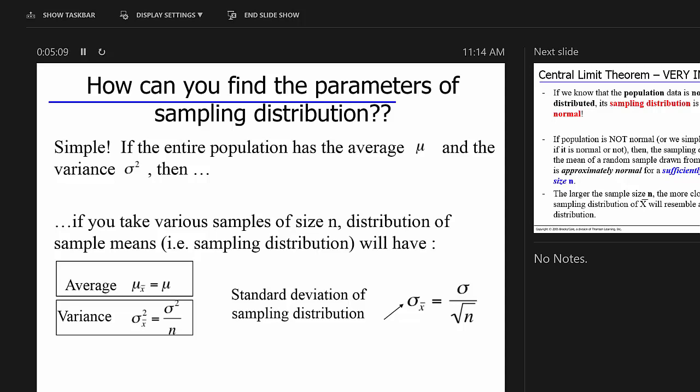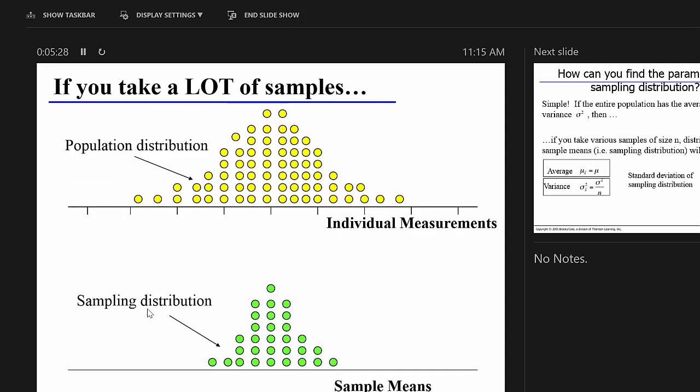The second rule says that the variance, or measure of variability, for the sampling distribution is going to be smaller by the factor of n than the variance of your population. And that's what we saw on the previous couple of slides, right? Variance is smaller, which means the distribution is more compact.